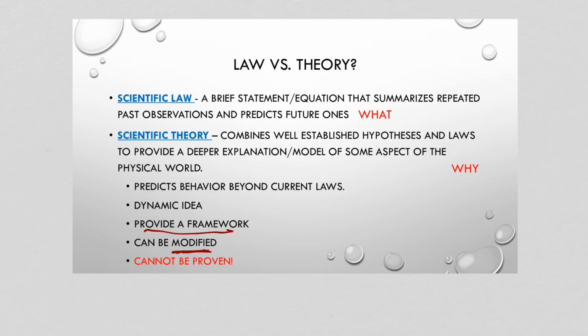Better experiments, more experiments, right? We can refine and modify these theories to understand them better. And just like we talked about with a hypothesis, a theory can never be proven, right? It can be supported and well supported, but it can never be absolutely proven, right?